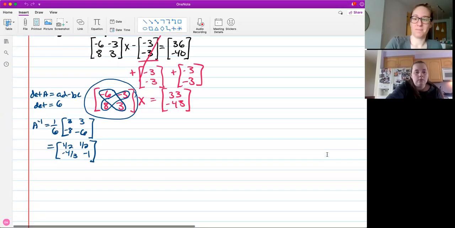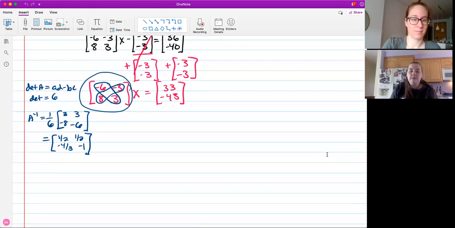Then remember that the inverse has to be on the same side as your original matrix. So in this case, it's on the left-hand side, so we need to keep it on the left-hand side of whatever matrix we're multiplying it to. So I'm gonna keep our inverse matrix in blue so you guys can see that.